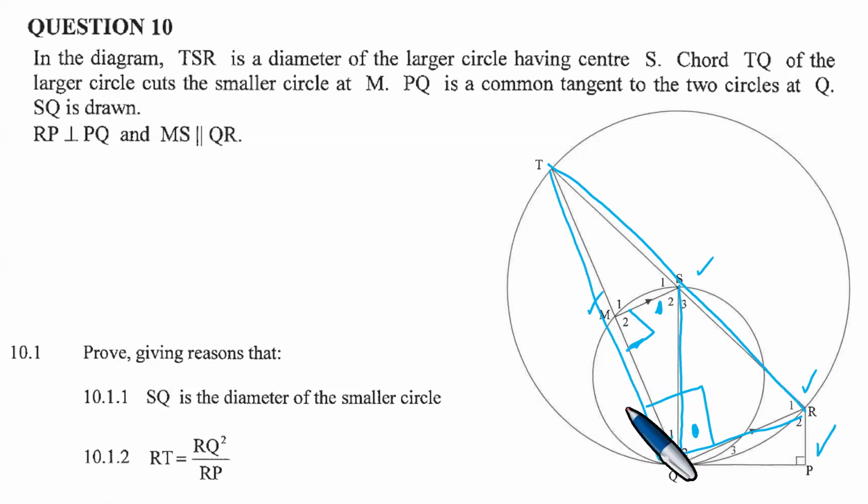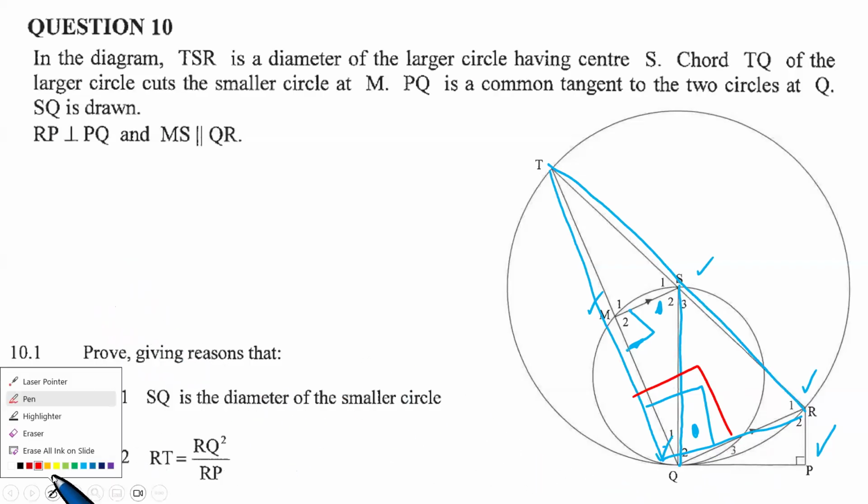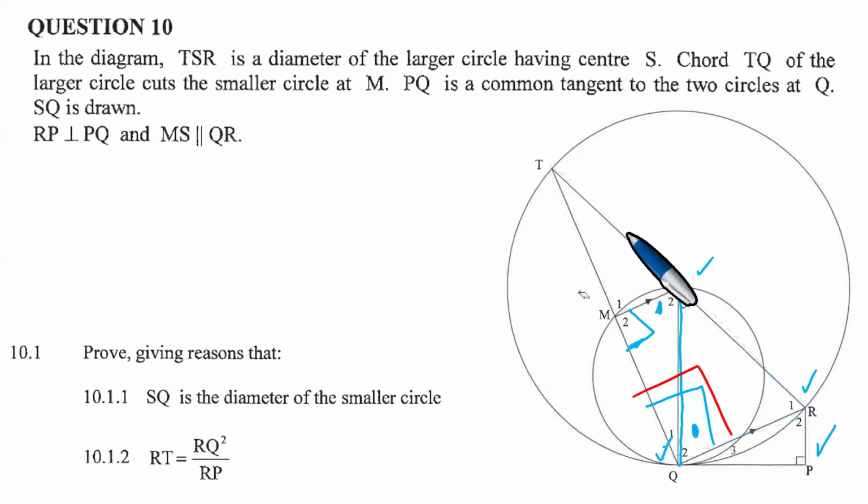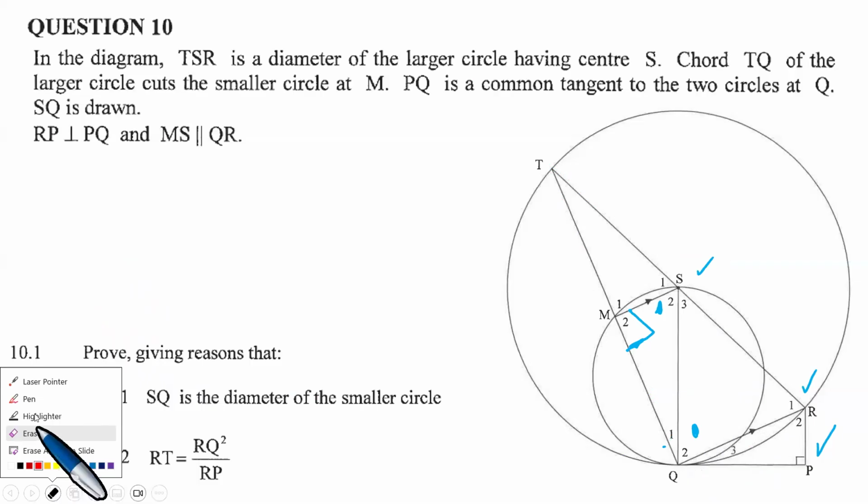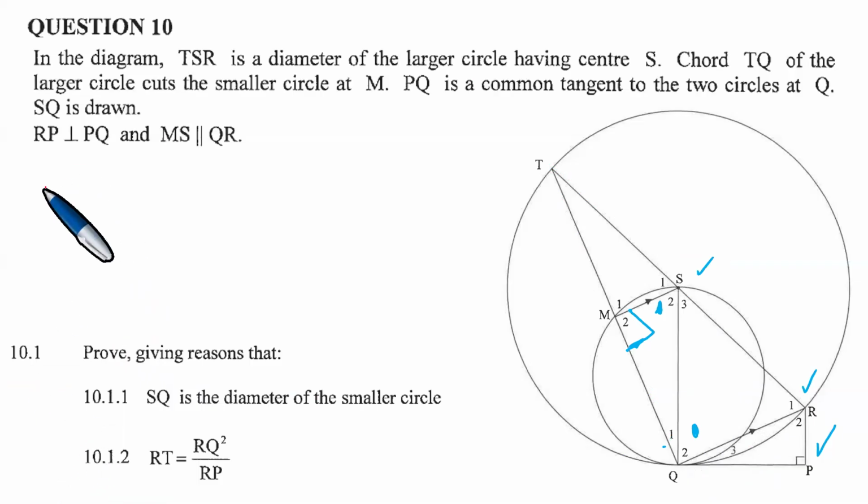Therefore, the angle Q1 plus Q2 is 90 degrees, and this is the truth.